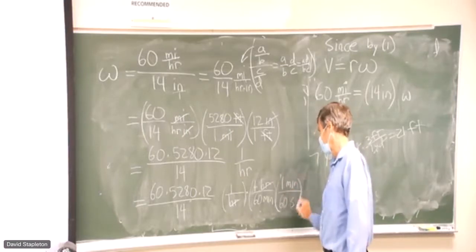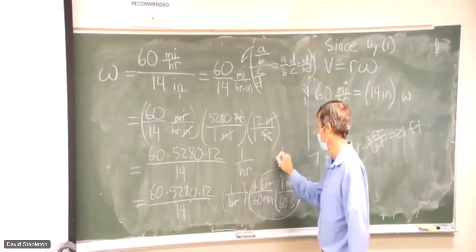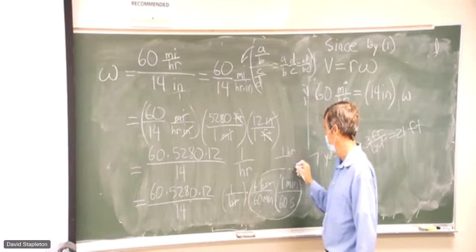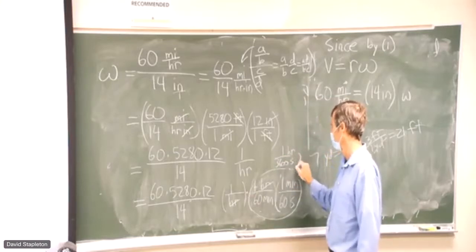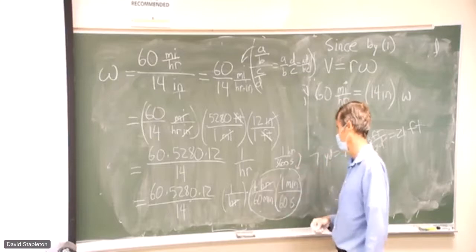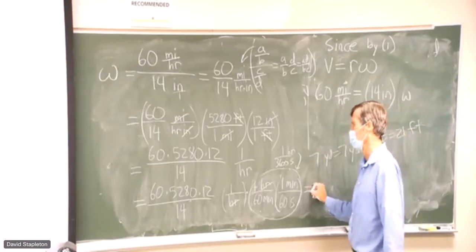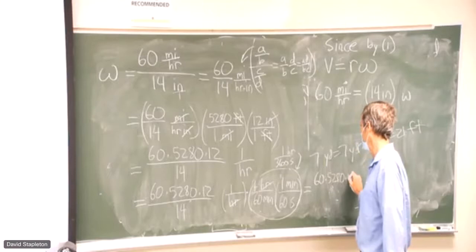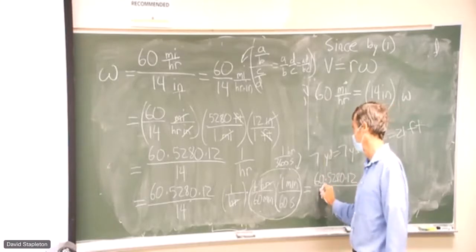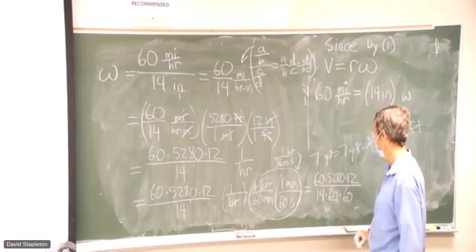Or you can save yourself a little time and say 1 hour for every 3,600 seconds. That's a nice thing to memorize. So you can do that all in one fell swoop if you memorize that. And so what I've got now is 60 times 5,280 times 12, all divided by 14 times 60 times 60.